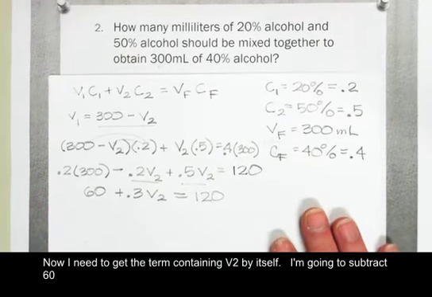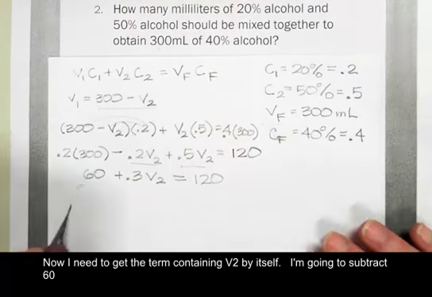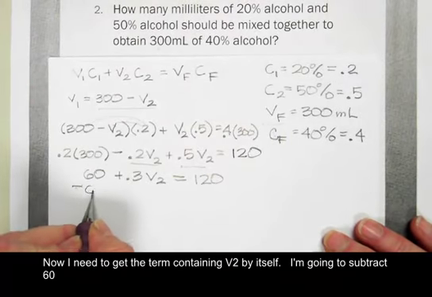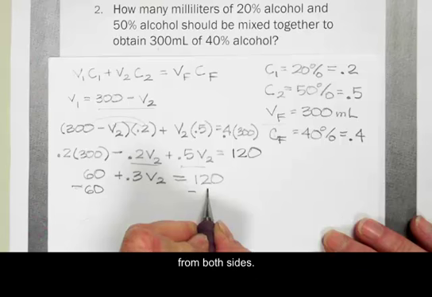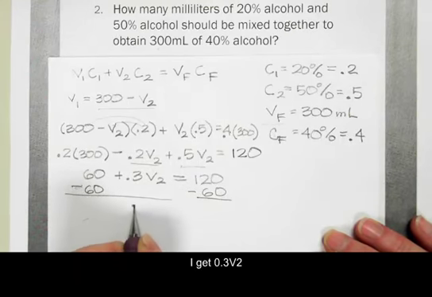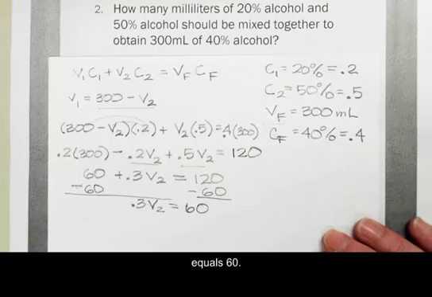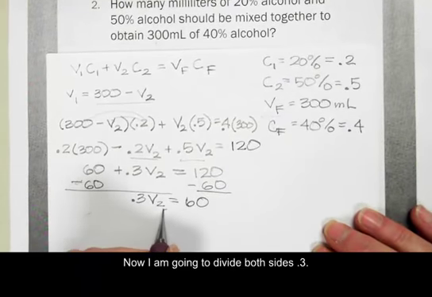So now I need to get the term containing V2 by itself, so I'm going to subtract 60 from both sides, and I get 0.3 V sub 2 equals 60. Now I'm going to divide both sides by 0.3.